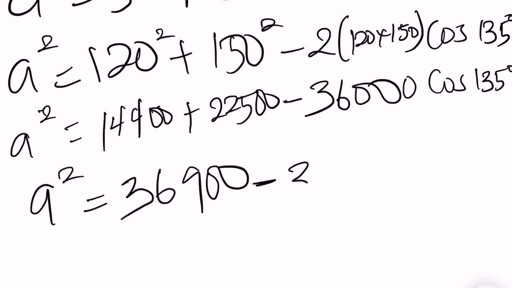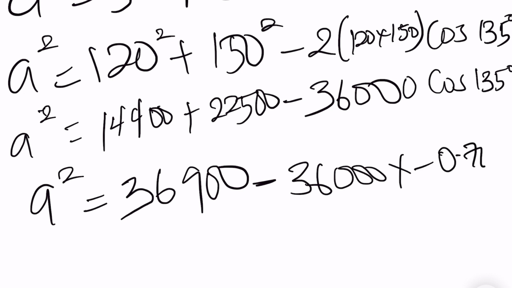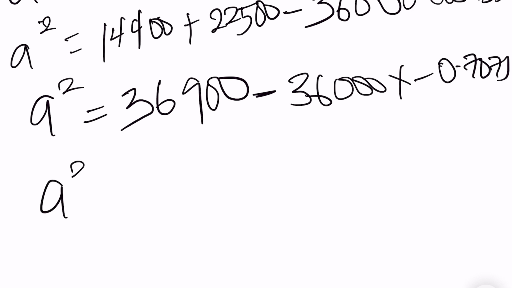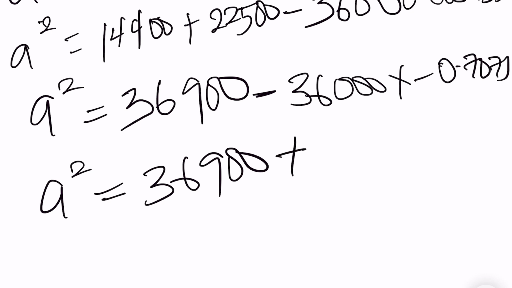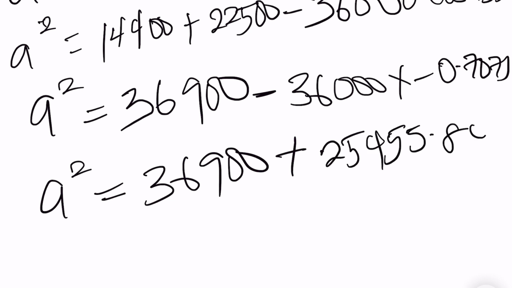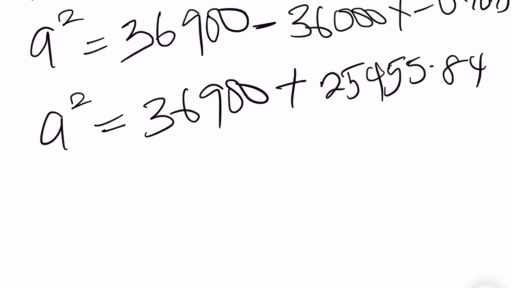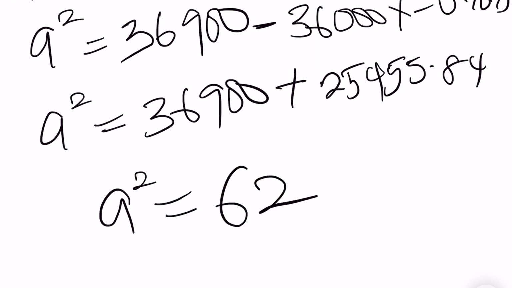So we have our a squared to be 36,900 minus 36,000 times our cos 135, which is minus 0.7071. So we have our a squared to be 36,900 plus 25455.84, which is 62,355.84.